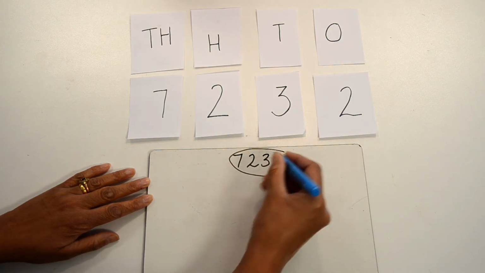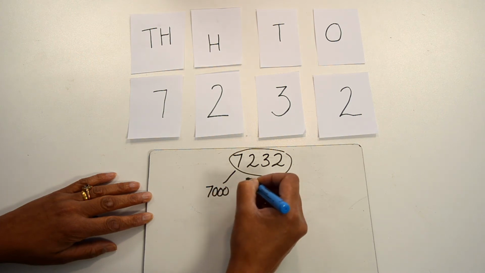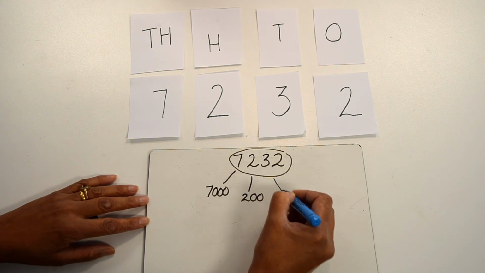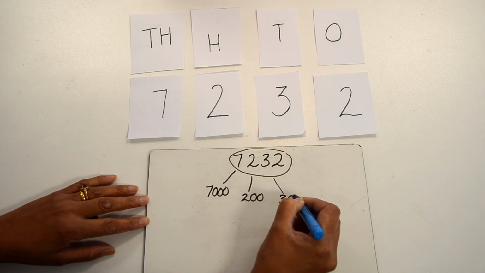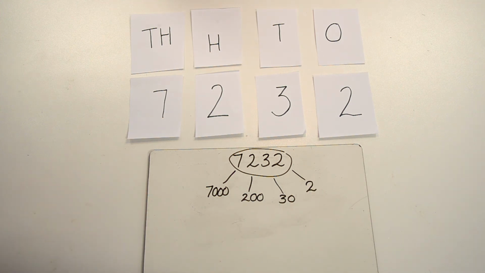7,232. So we have 7 thousands. We have 200, 3 tens, 30, and 2 ones. Let's show this using our place value cards.